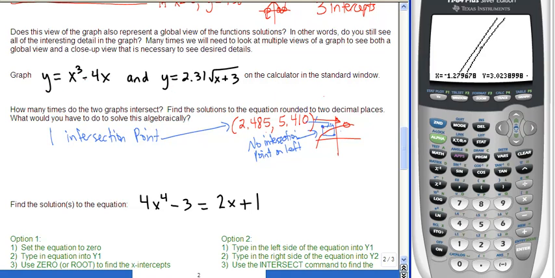So if y equals x cubed minus 4x and y equals 2.31 square root of x plus 3, set these two y's equal to each other. So algebraically, what we would have to solve, if you didn't have the technology, would be to take x cubed minus 4x and see where it equals 2.31 square root of x plus 3.